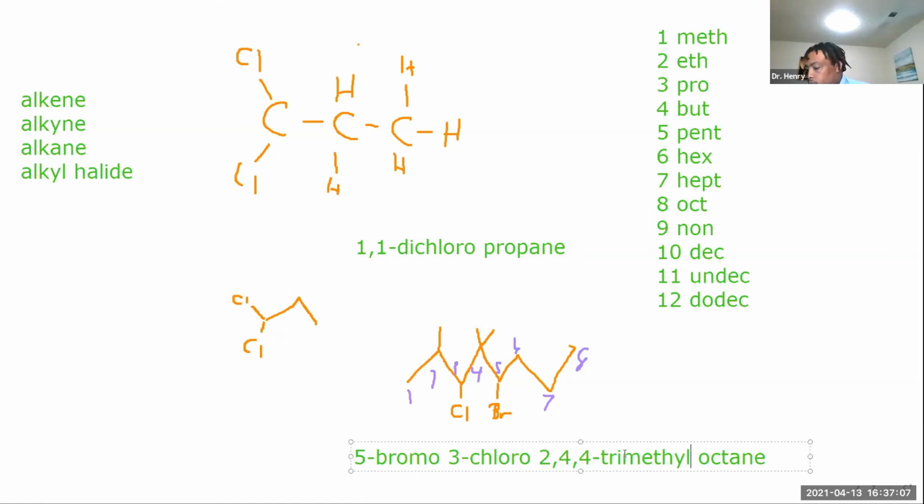Okay. But real quick, just to clarify, what is the trimethyl again? Tri is how many methyl groups we have. If you look here, I'll circle them in red. See how it says 2,4,4?